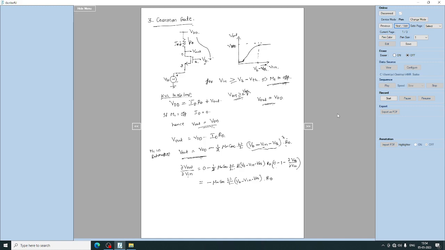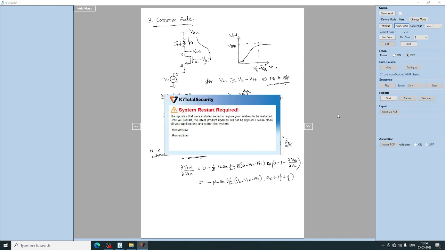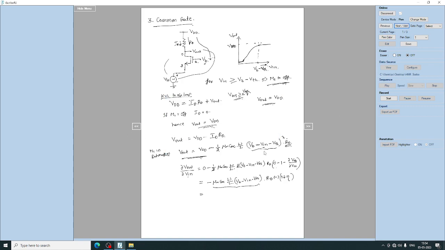Taking this negative common, 1 plus the differentiation of the threshold voltage with respect to V in gives you the eta value, which we have already defined or derived earlier. This entire term is nothing but the transconductance of the MOS device in this configuration, the common gate configuration.